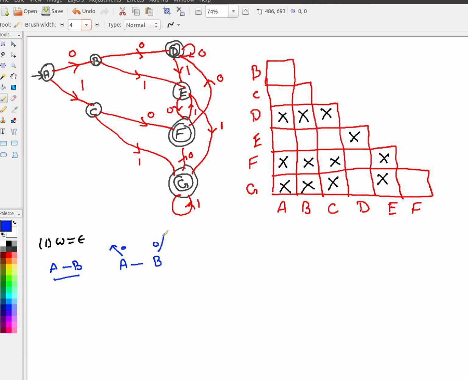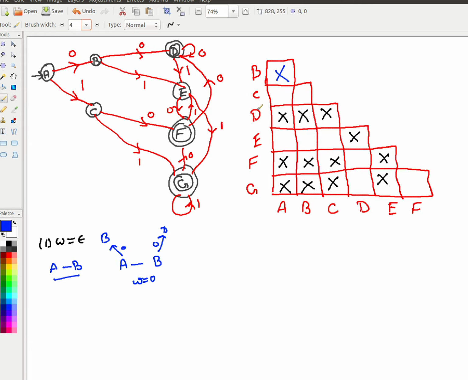A at 0 goes to B, and B at 0 goes to D. Distinguishable, right? Is it clear? So for W equals 0, A and B are distinguishable. So I got a new marking.